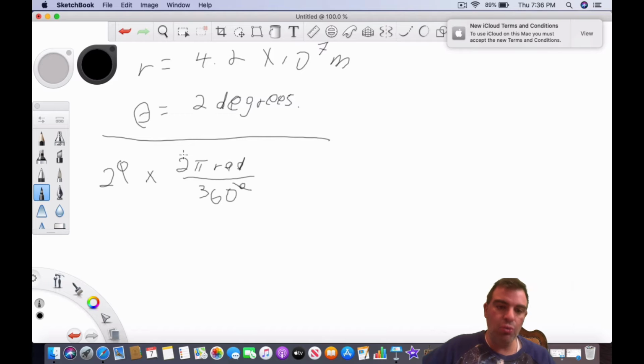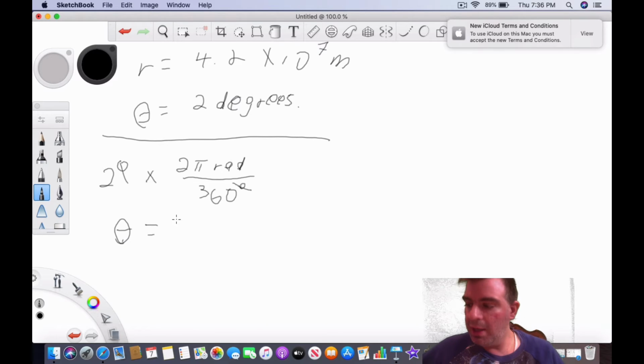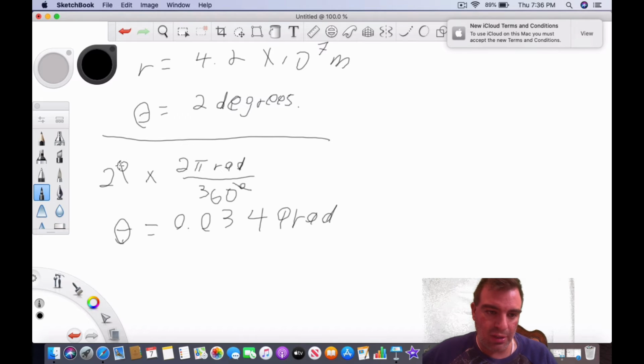So if you take 2 times 2, which is 4, times 3.14, which is 12, divided by 360, we simply see that the angular displacement now of 2 degrees is going to be 0.0349 rad. So we took the 2 degrees and we converted it now into rad, the units that we want.